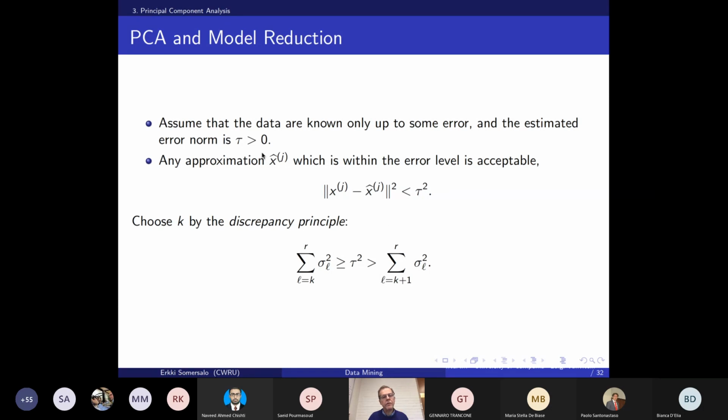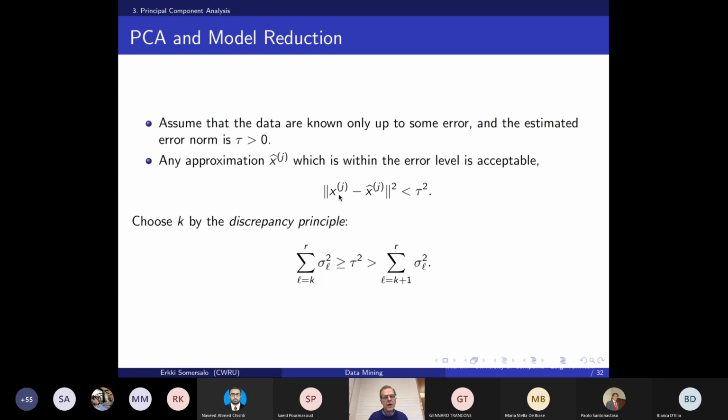So if you know that your data is noisy and the noise level is described by some number tau, you can argue that any approximation of xj which is within the error limit is an acceptable approximation.